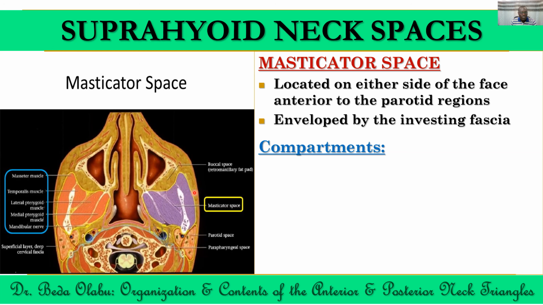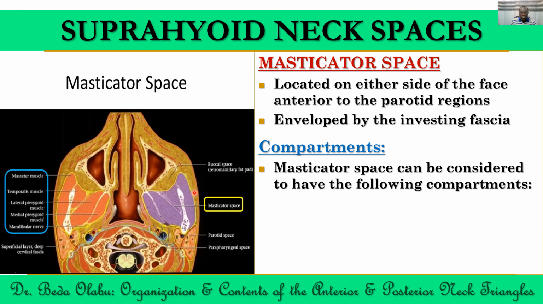This masticator space can be viewed to have 4 compartments, but 2 of them are the most important, but we'll talk about all 4. We have the temporal fossa, which is above the level of the zygomatic arch, so it's also called the suprazygomatic compartment.